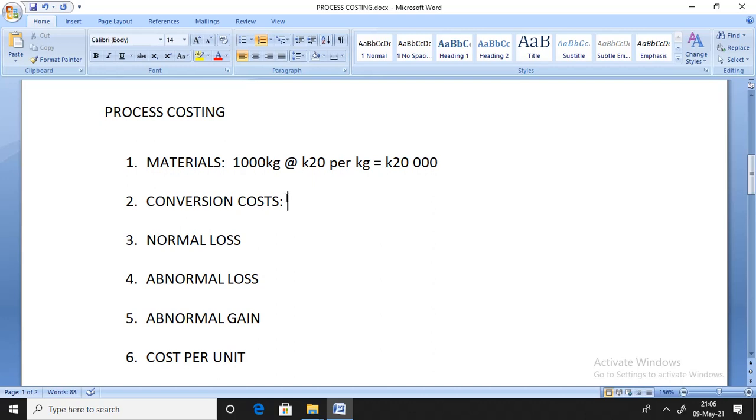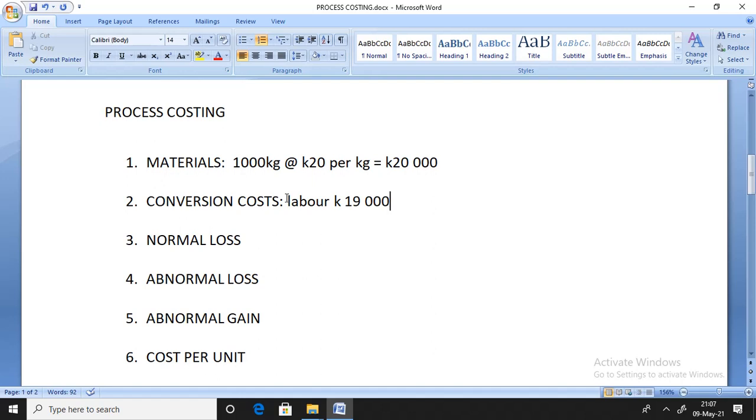So you have conversion costs such as labor. Maybe you are incurring costs of direct labor. Let's say, for the purpose of the example, the labor cost was 19,000 kwacha incurred in terms of labor cost.